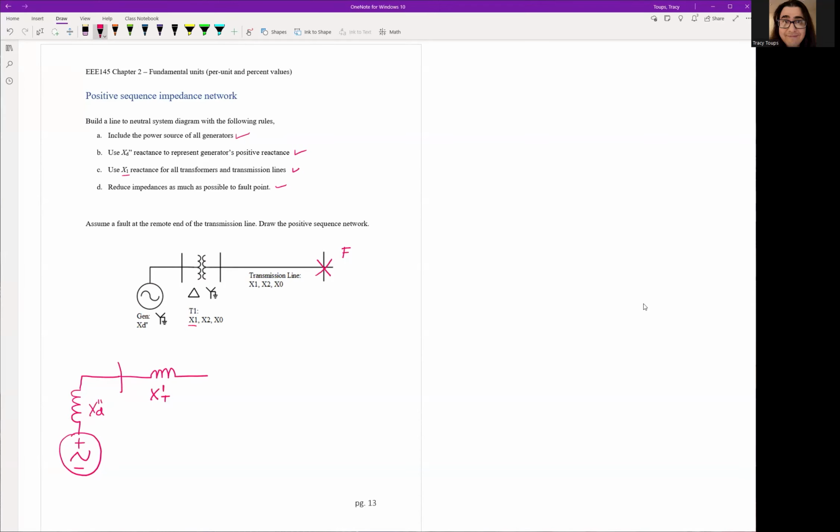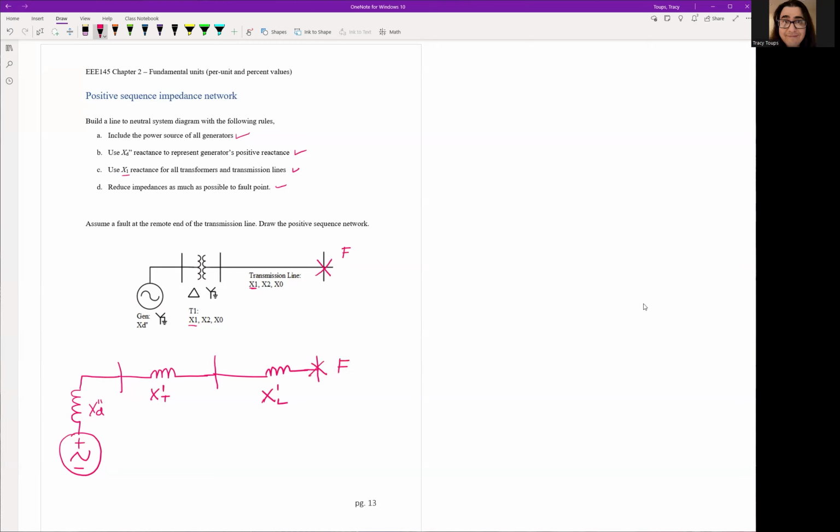We go to the next bus right here, and we have a transmission line. Notice the transmission line has this X1 impedance, its positive sequence impedance, and we're going to use that one as well. So this is X1 for positive sequence, L for line. And then we hit the fault point right here, F.